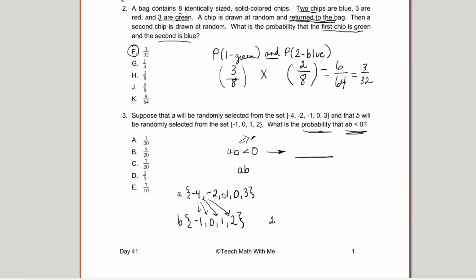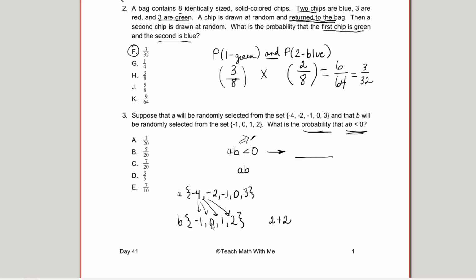So we have to do that for each one of these items. If we multiply -2 by -1, we get a positive. -2 times 0 gives us a 0, but -2 times 1 and 2 is going to give us each a negative. So we'll have two more. Same thing for -1.